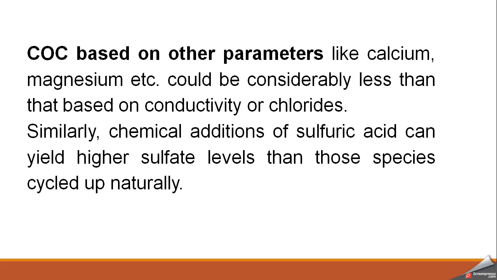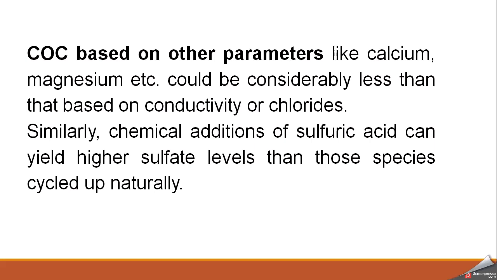For example, if we have 10 calcium ions in makeup water, after 3 cycles this calcium must be 30, but when we carry out the analysis, it normally comes down to something like 25, 26, or 20.